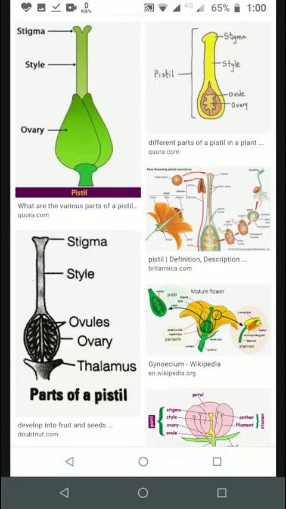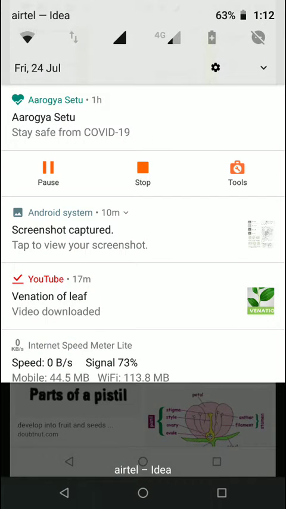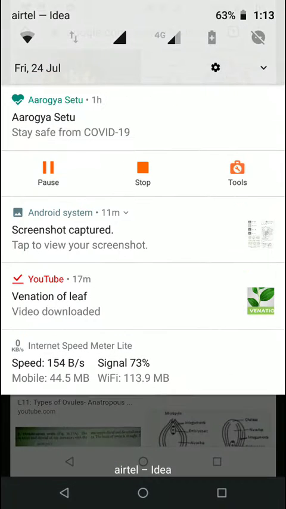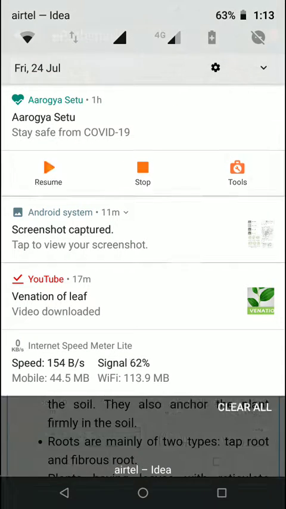It consists of the ovary, stigma, and style, and is known as the pistil. Now see the ovule. Ovules are small bead-like structures present in the ovary of a flower.